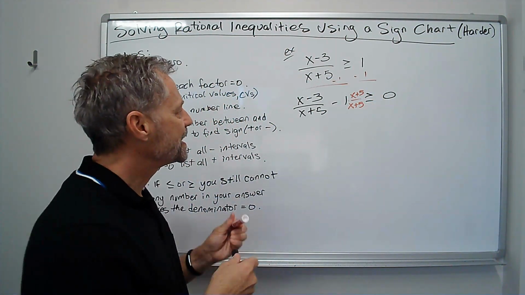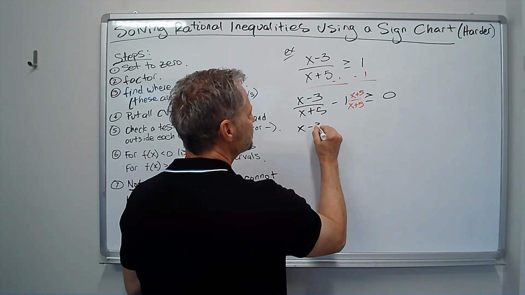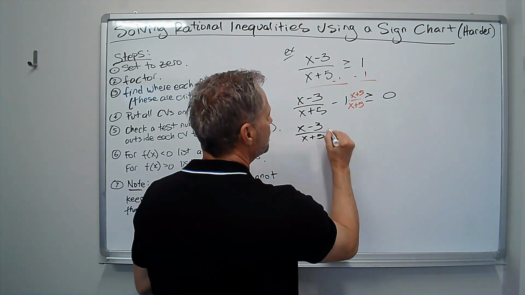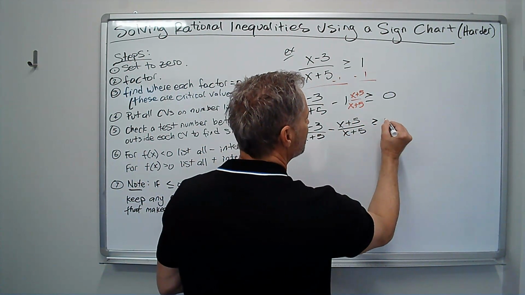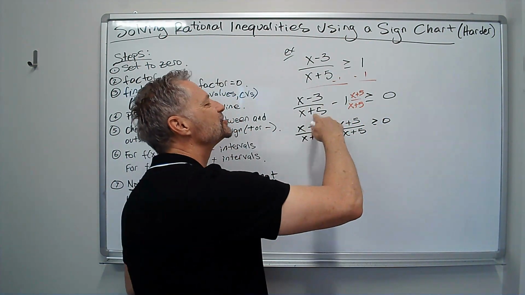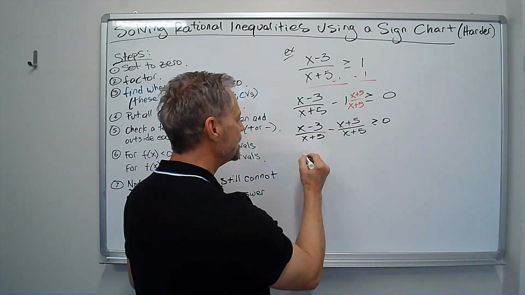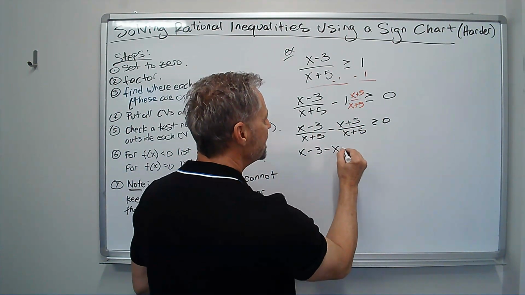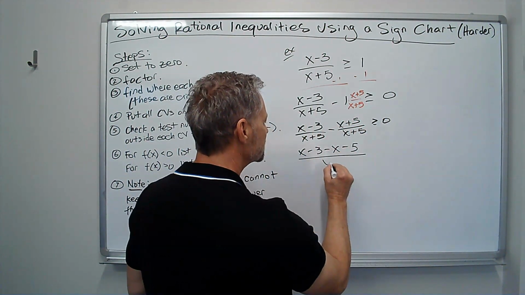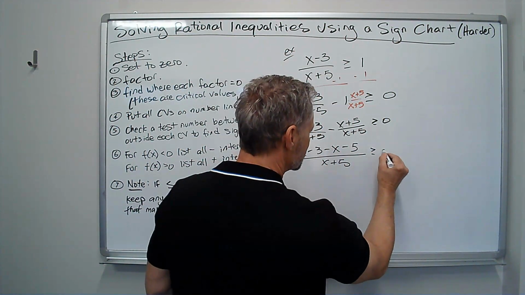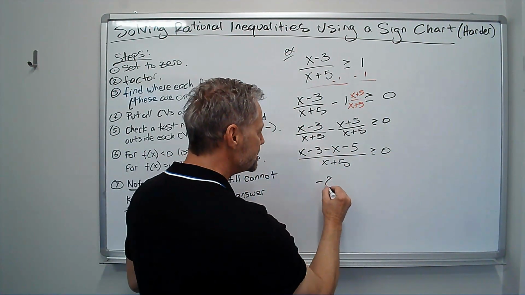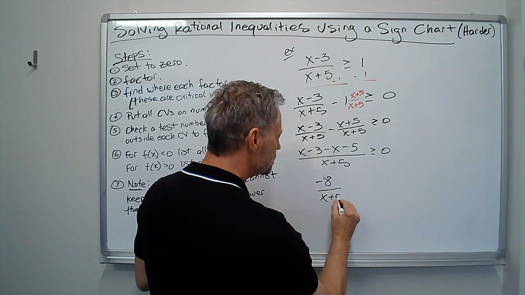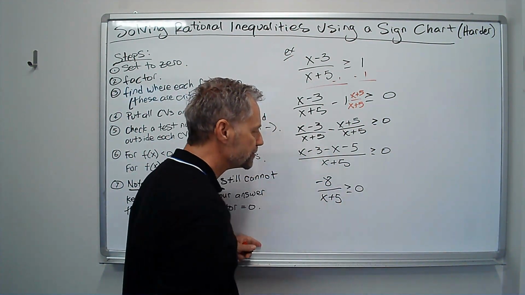So now what I have is (x minus 3) over (x plus 5) minus (x plus 5) over (x plus 5) greater than or equal to 0. Distributing that, I've got (x minus 3 minus x minus 5) over (x plus 5) greater than or equal to 0. Notice these x's cancel. I just get negative 8 over (x plus 5) greater than or equal to 0.